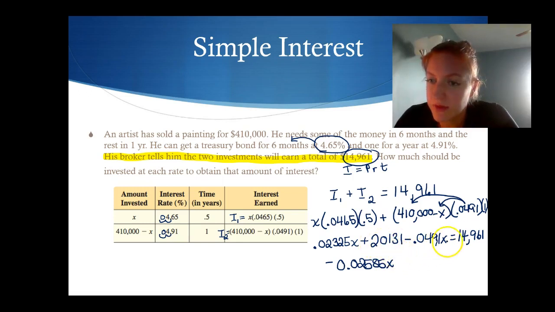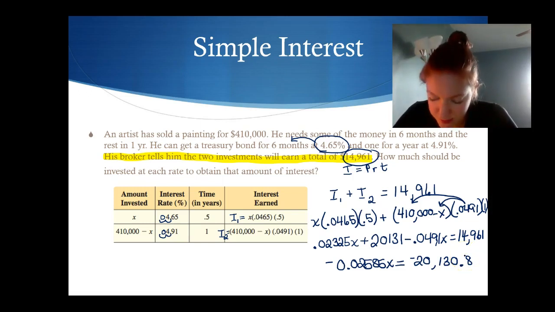Let's go ahead and just move that constant to the other side. So 14,961 minus 20,131. Oh, that's not right.